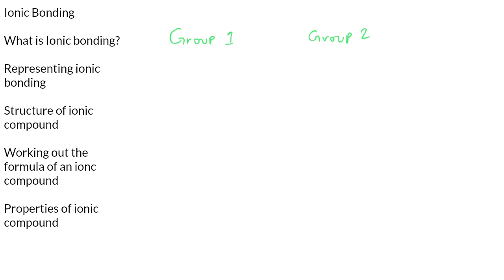For group 1, you have elements like lithium, elements like sodium, and here you have potassium. And when we talk about group 2 elements, group 2 is where we have elements like beryllium, Be, elements like magnesium, and elements like calcium.